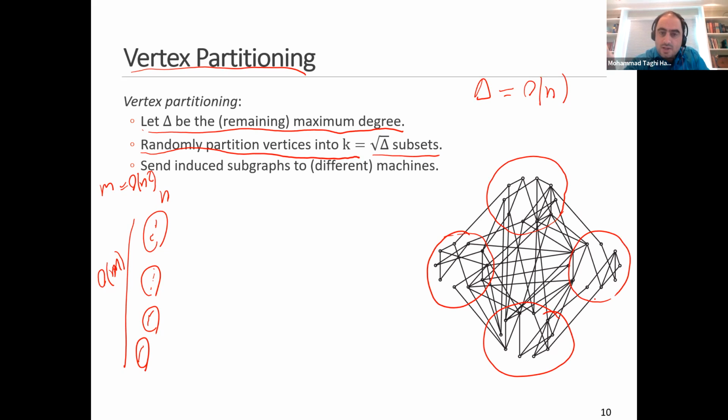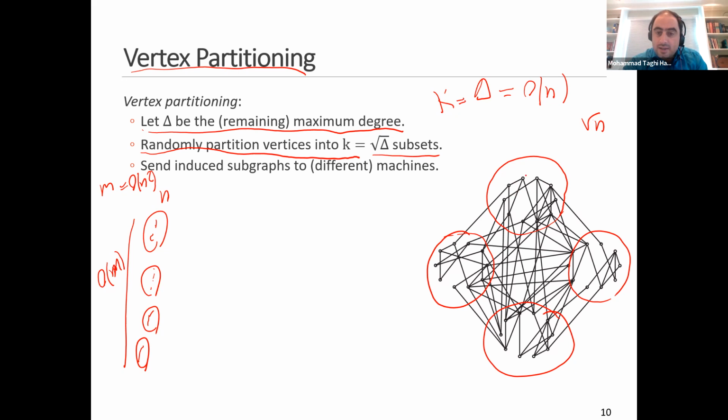Say, as I mentioned, delta is order n. We are partitioning into square root of n clusters, or square root of n sets.